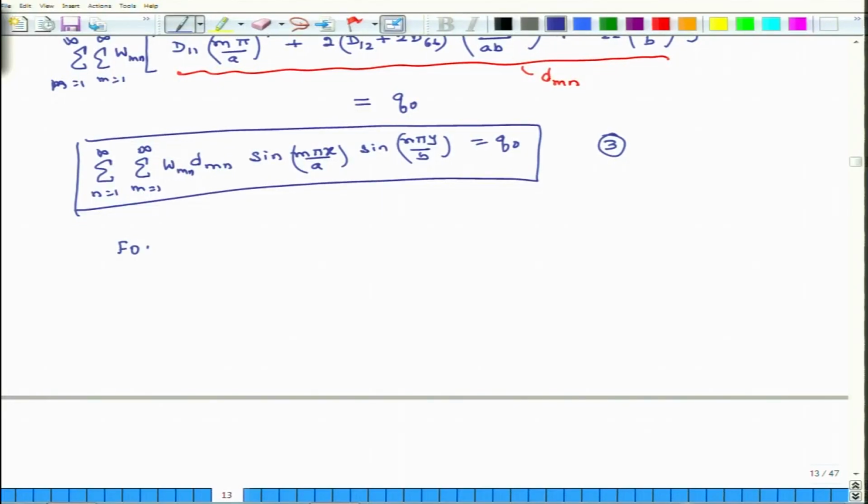So, we will do a Fourier series representation of q naught.